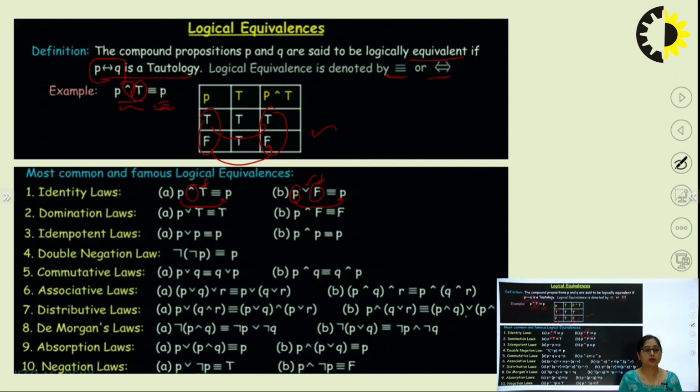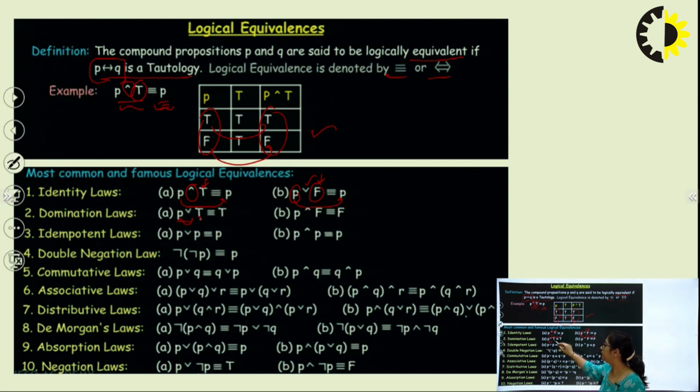Next is the domination law. Domination law means when something is dominated. Whenever you are doing this disjunction, whatever the value of P doesn't affect the statement, it will always give a true.